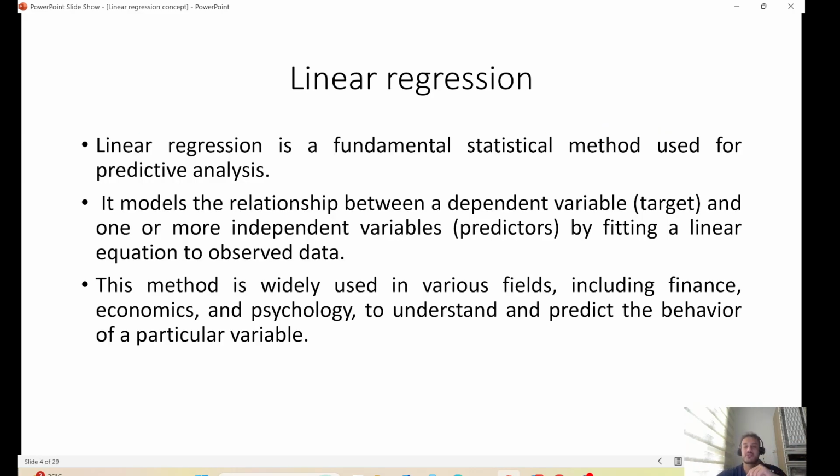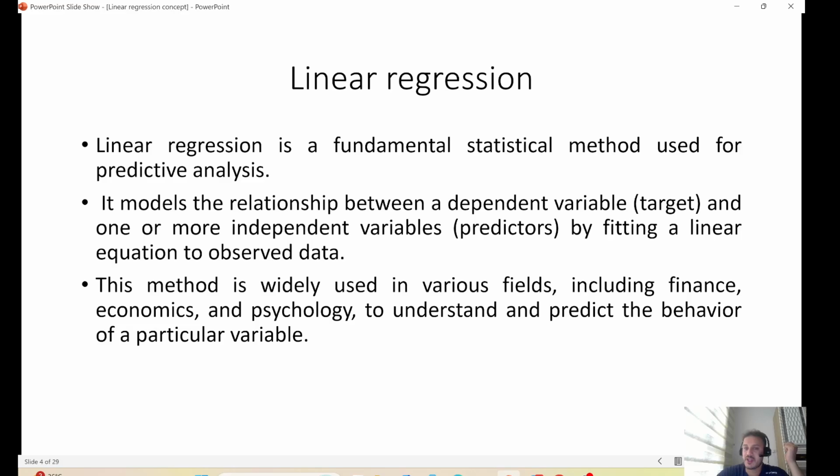So what is linear regression? We use it for predictive analysis. The model gives you the relationship between dependent variables, the target y, which is called dependent, and independent variables, the predictors x. It is used worldwide in finance, economics, psychology to understand and predict behavior.